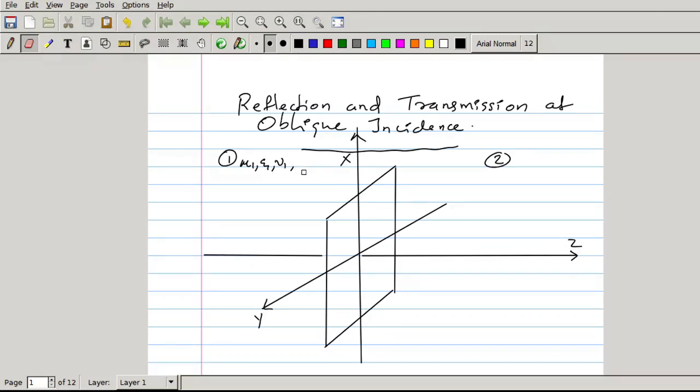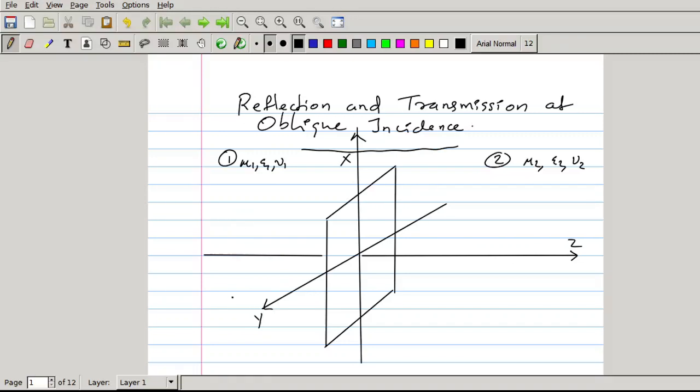The magnitude will be the same, but the incident and reflected waves are incident obliquely, so the direction will be different for different waves. So I will write ki for the incident wave vector, kr for the reflected wave vector and kt for the transmitted wave vector. This is mu2, epsilon 2, and the speed in that medium I am taking as v2.